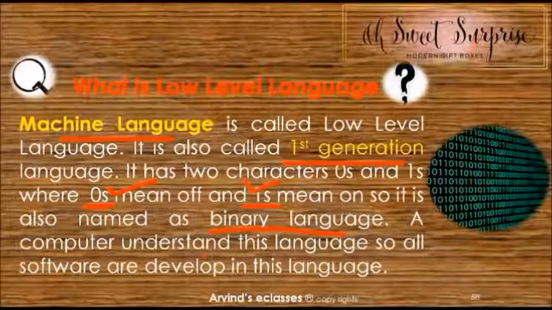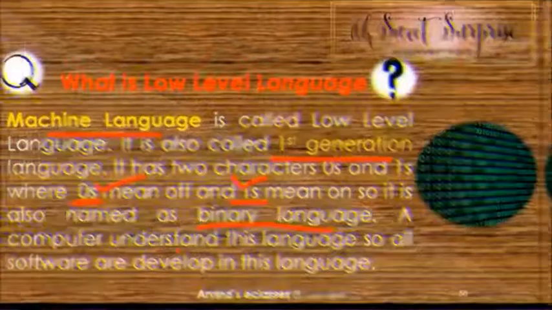So it is the computer's main language. So we write all the programs and convert them into machine language so that your computer will understand and do the task that we give to this machine.